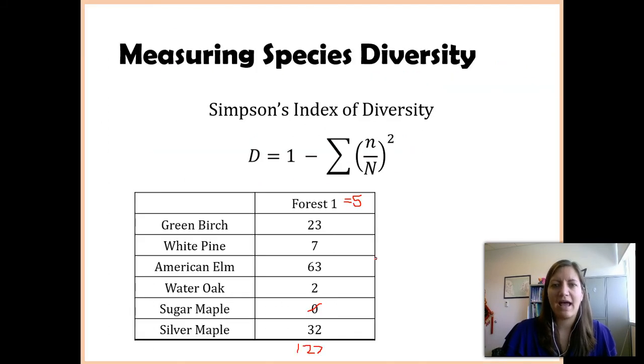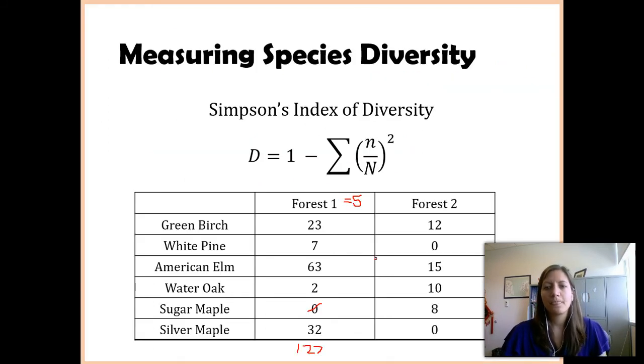And that's actually what I'm going to have you guys do. So here I have forest 2. I went out, as a scientist, and I measured, I was looking for these 6 species again, and I kept track of all the species I found. What I want you to do, you can do this in the weekly guide.